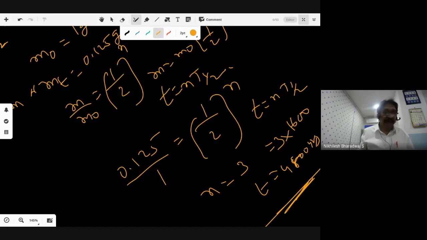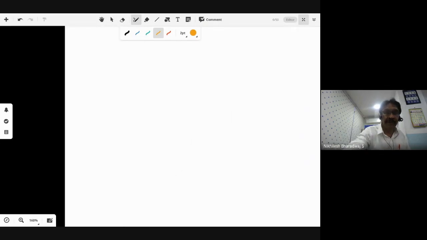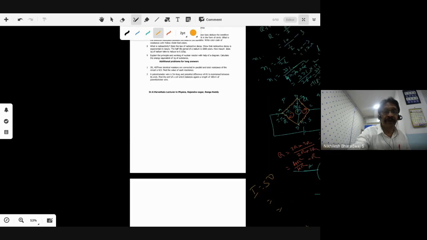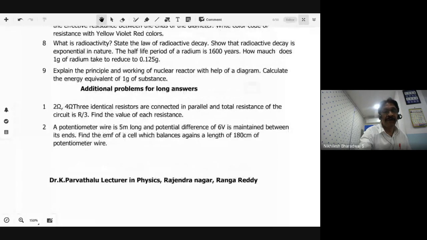Then coming back to question number 9, as I already told you, we are doing only the problems. What is question number 9? Explain the principle and working of a nuclear reactor with the help of a diagram. Everybody can do it.